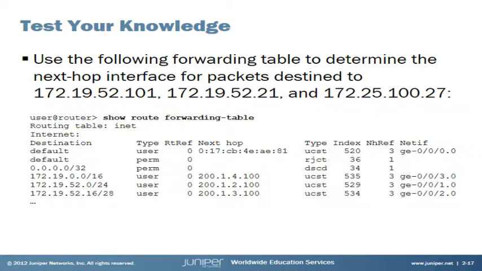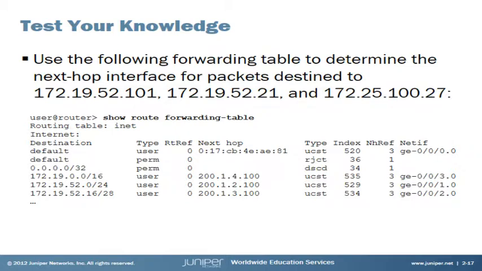This is our forwarding table. Looking in our forwarding table, what we're seeing is that we've got, first of all, this default route here, and we've got 3 other routes sitting underneath, all starting with 172.19. Those last 3 routes are all going out different interfaces.